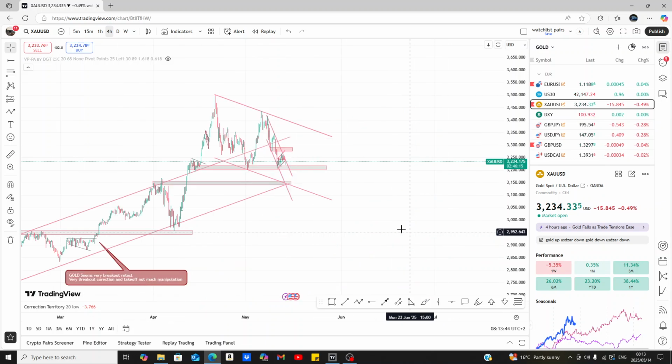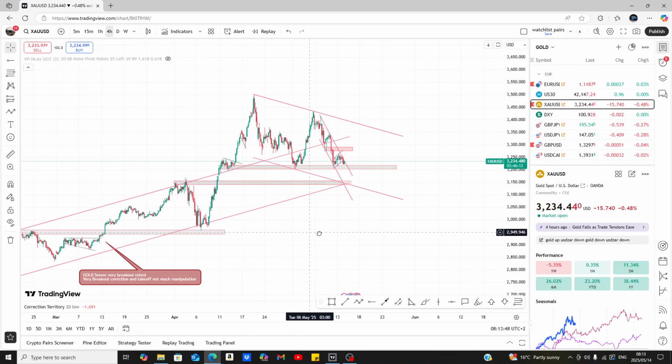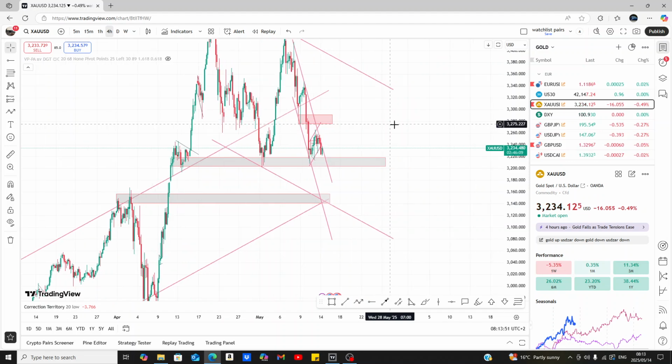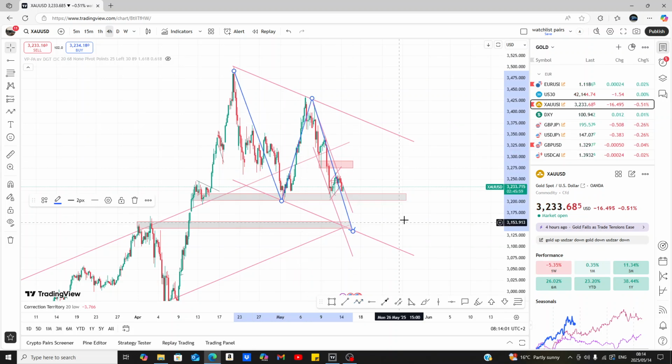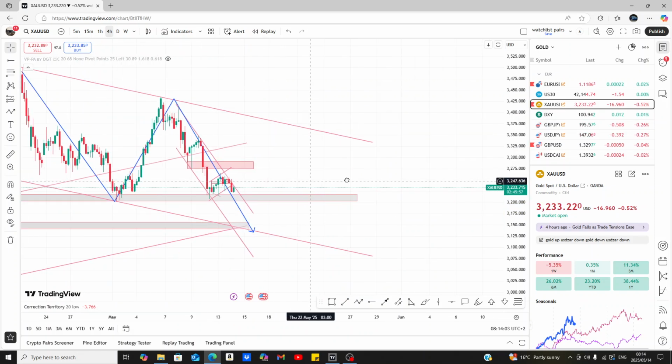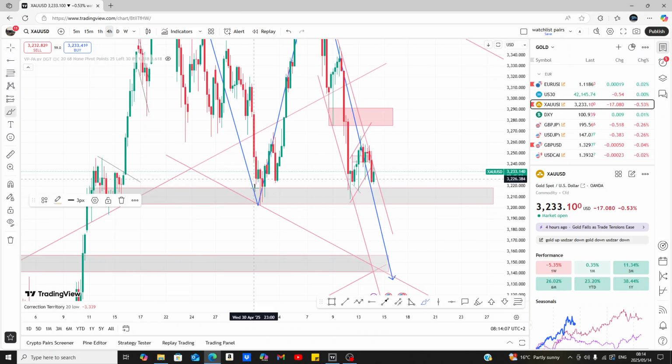Gold. I noted this pattern since our last session. So this is more like a downtrend, right? The only issue that we are currently having at the moment is that there is this key structure here where price refuses to break.